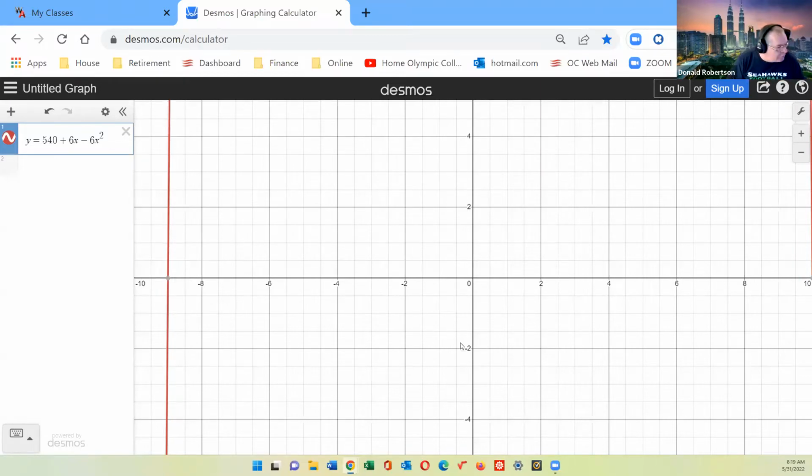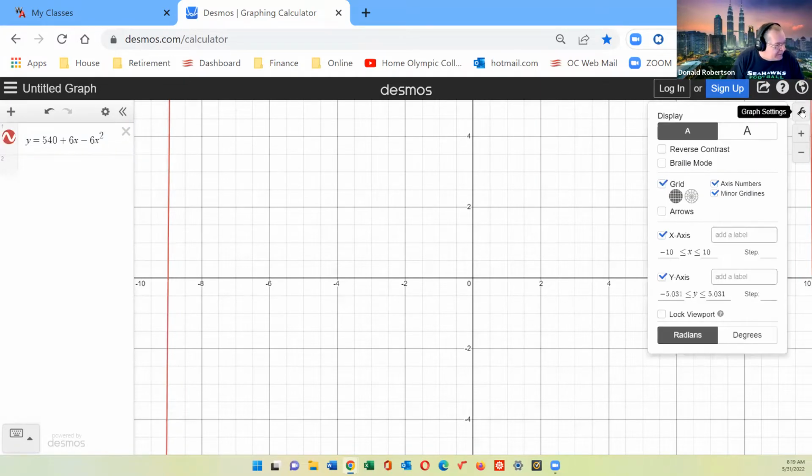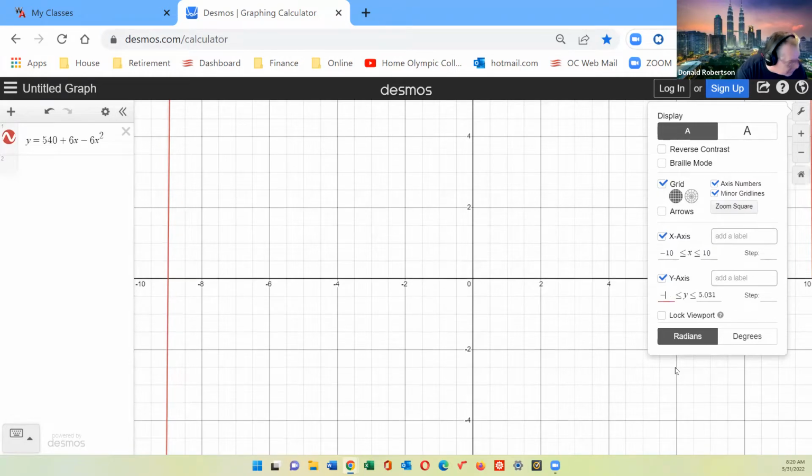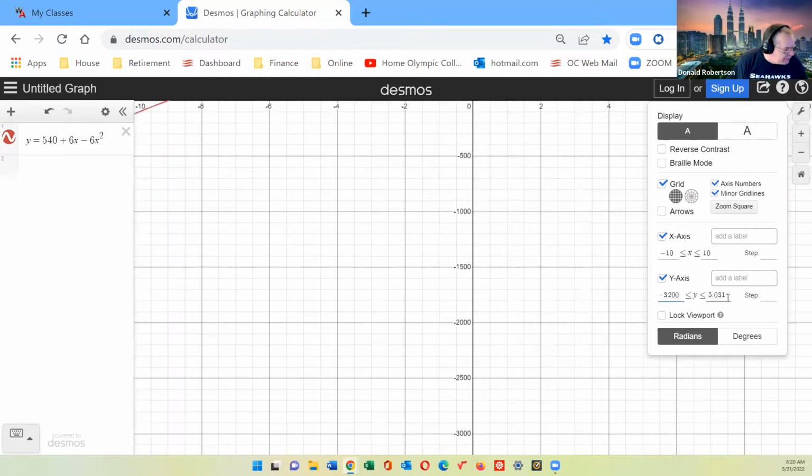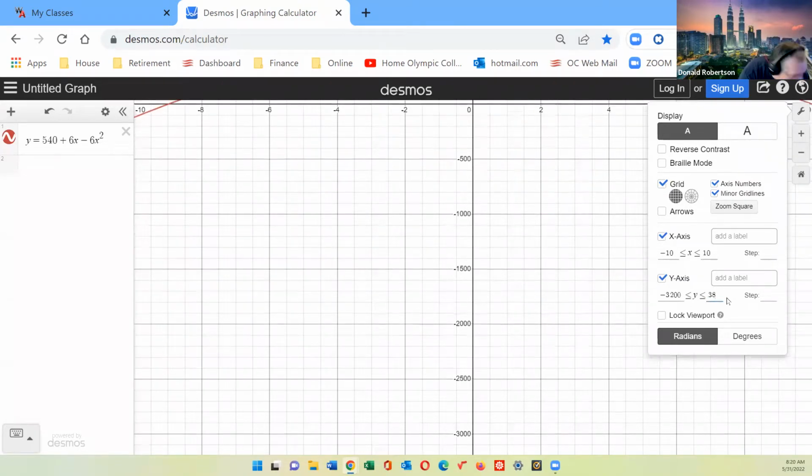Now I'm going to change the x coordinates. Actually, I don't mind the x coordinates. Negative 10 to 10 basically has everything I want. But I know that the value of this guy is some ridiculous number like 3,159, so I'm going to make it 3,200. And this guy on the other side, I think I got 3,700, so let's put 3,800.